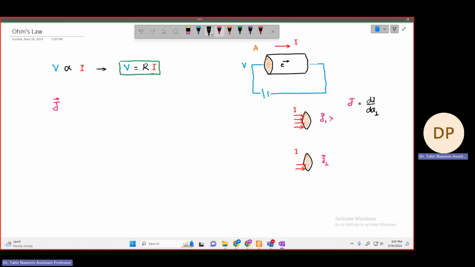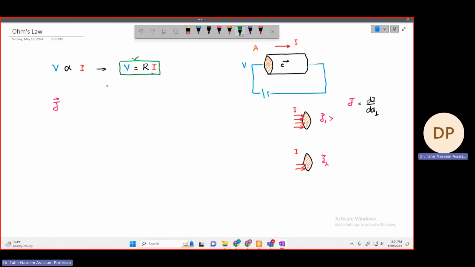So this is current density, and now I want to write Ohm's law in the form of current density. We know current density is related to current. So how can we write that?